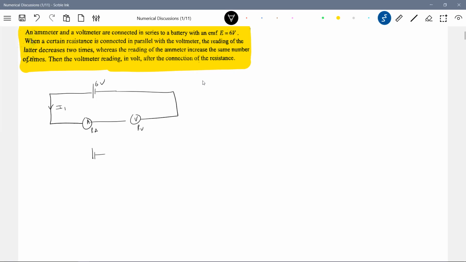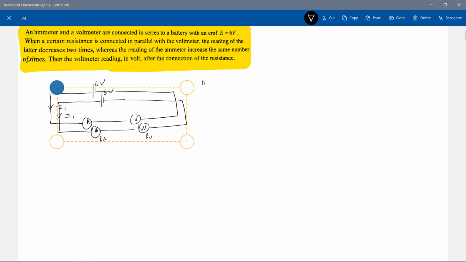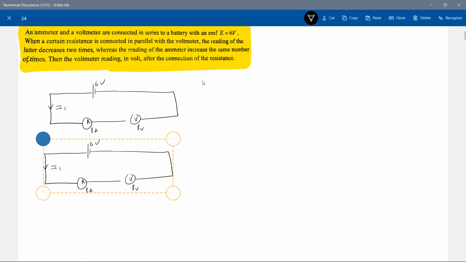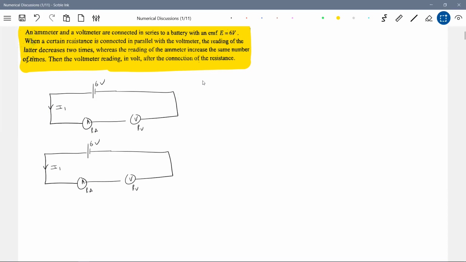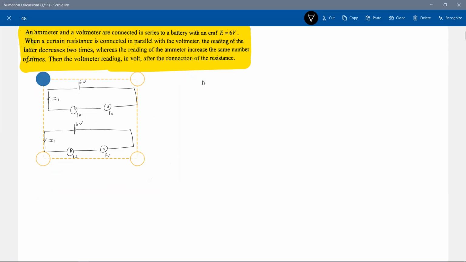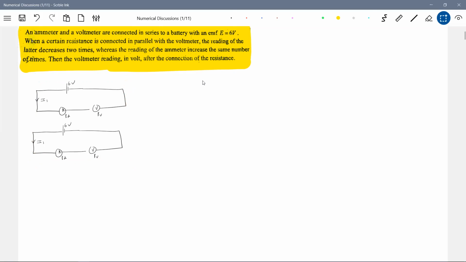Now I'm going to connect a resistance. The reading of the latter decreases 2 times, and the ammeter reading increases 2 times, so the current becomes 2I.